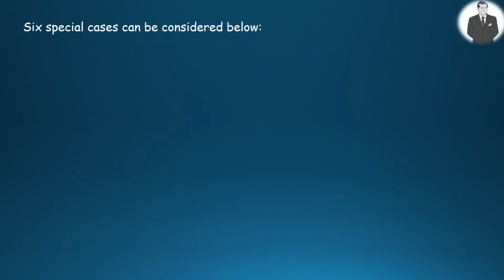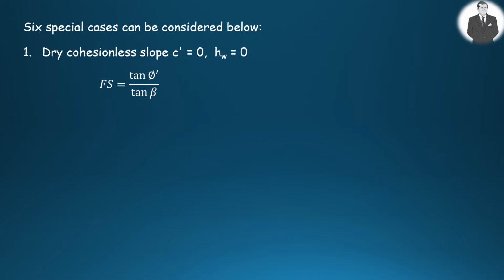With the help of the factor of safety developed for stability of infinite slopes, 6 special cases can be considered. The first one is the dry cohesionless slope. In this case, the factor of safety will be reduced to the equation given here.